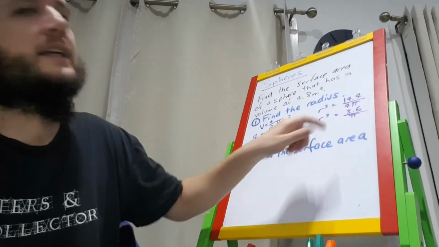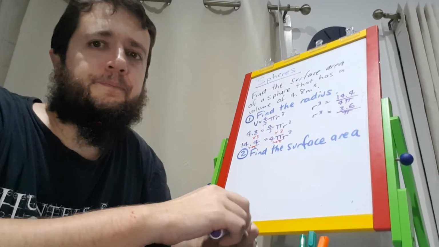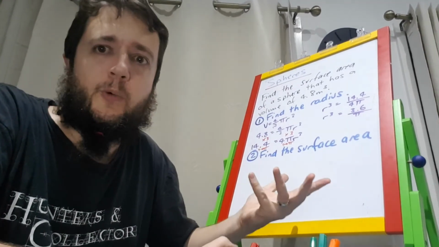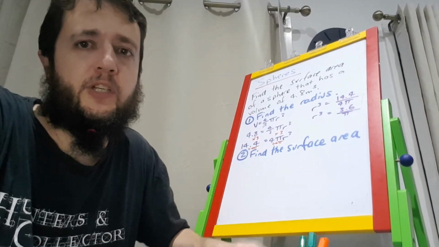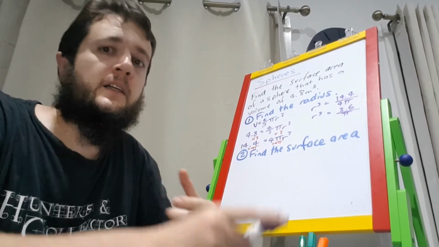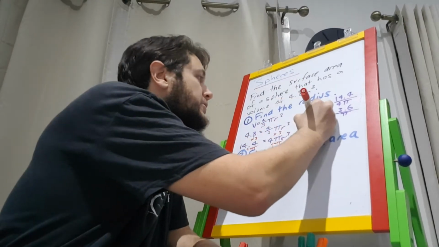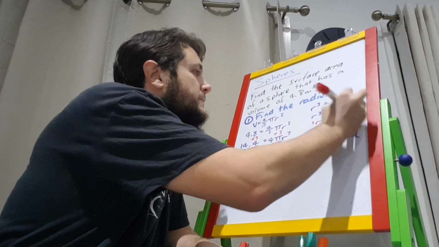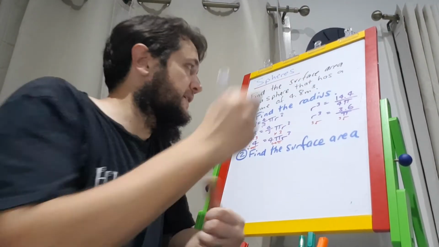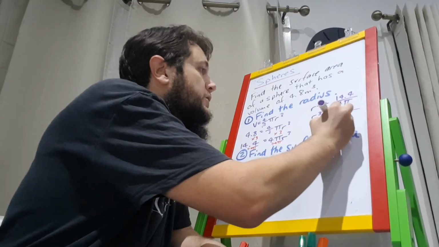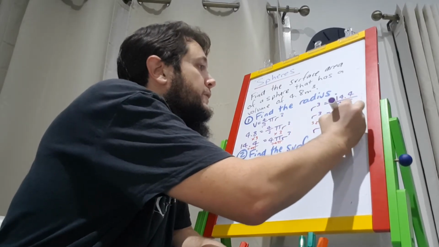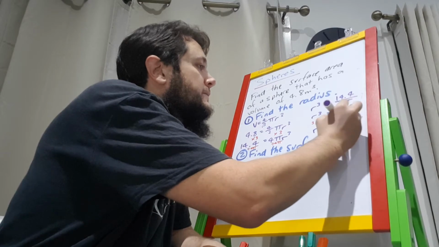Now here's interesting. How do I get an expression just for r? The opposite of squaring is a square root. But what's the opposite of cubing? If you remember that, it's the cube root. So that gives us the radius is equal to the cube root of 3.6 over pi.